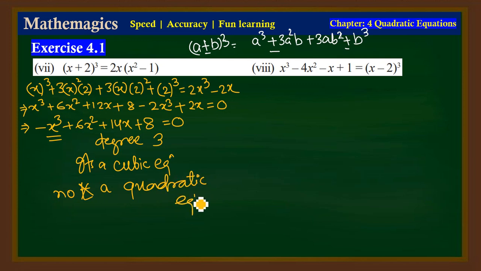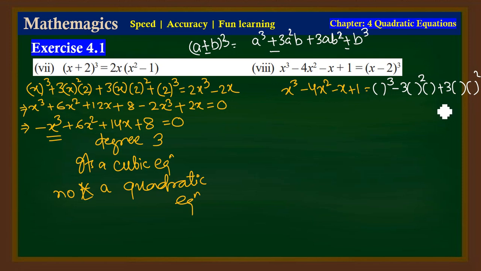Now the last one we are going to do, this is x cube minus 4x square minus x plus 1 is equal to, the right hand part we are going to solve. So again with the help of the formula, a cube minus 3a square b plus 3ab square minus b cube.